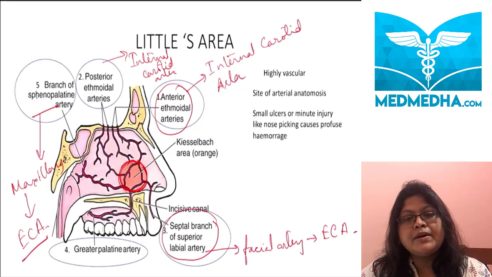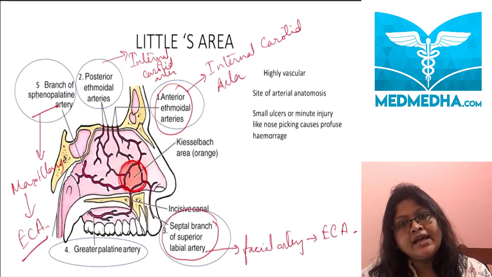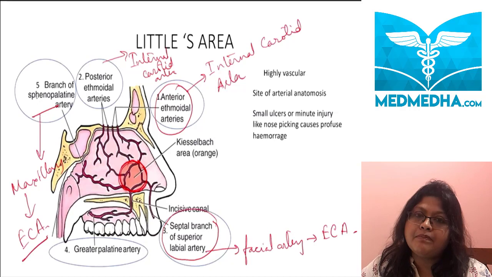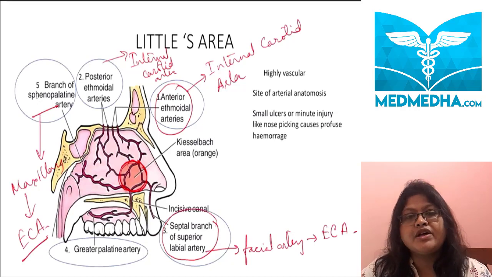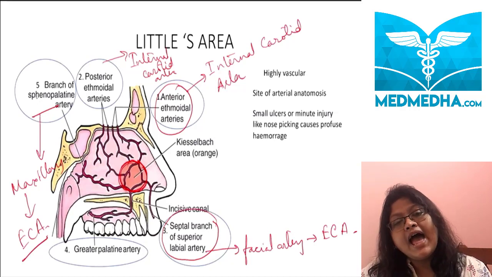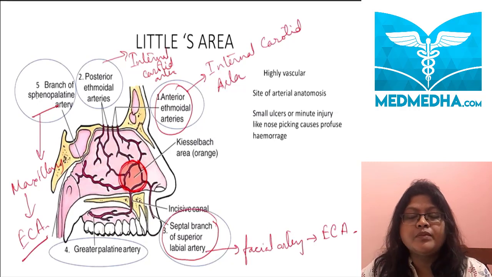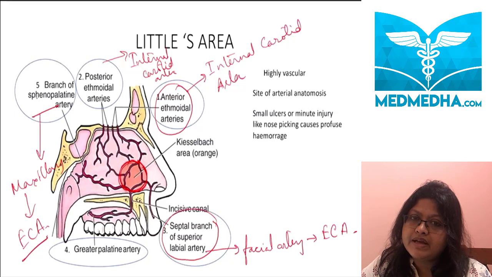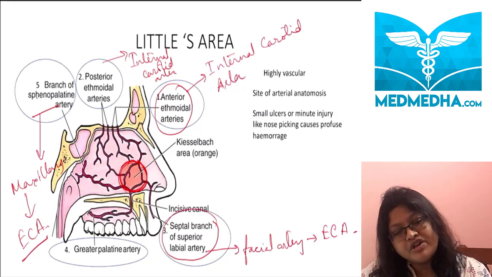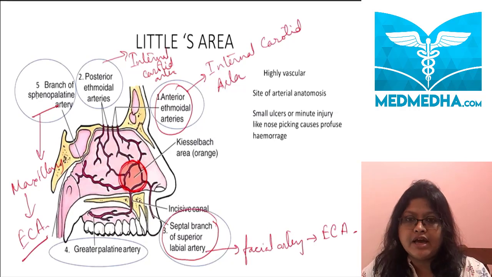The posterior inferior part is supplied by the sphenopalatine artery, which is the branch of the maxillary artery, branch of external carotid artery, and the anteroinferior part, or the mobile part, is supplied by the superior labial artery, branch of facial artery, branch of external carotid artery.